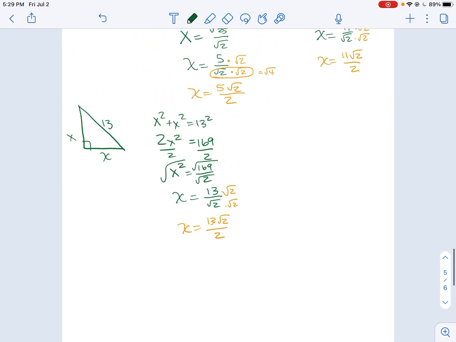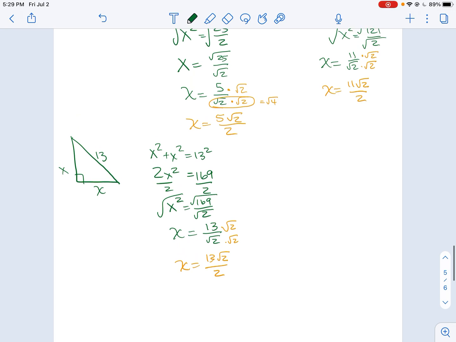Okay, so hopefully you're seeing the pattern. Do you see the pattern? One last one, and I'll do 9. So x squared plus x squared equals 9 squared. Now how many people can come up with the answer without even doing any work?